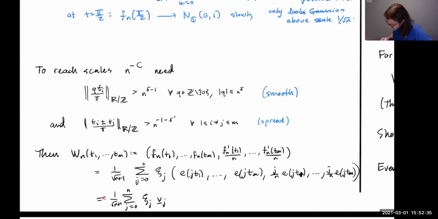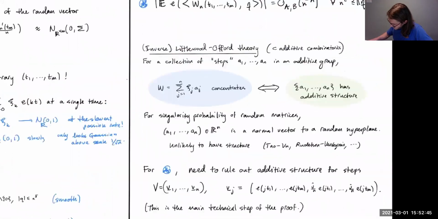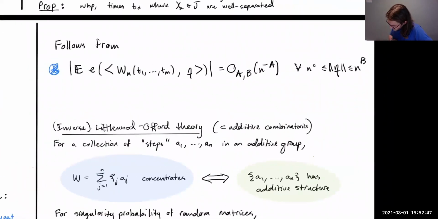And so here we have a random walk, and we want to show a very strong central limit theorem for this random walk. Our random walk is called W, and this is basically the result.